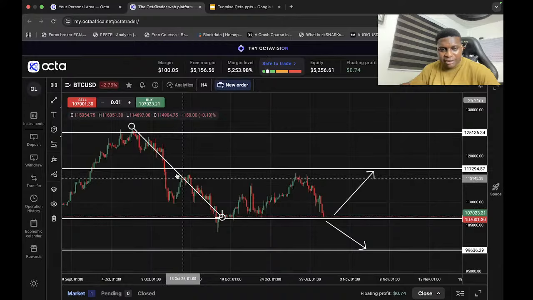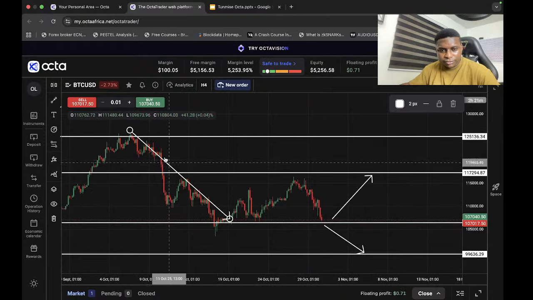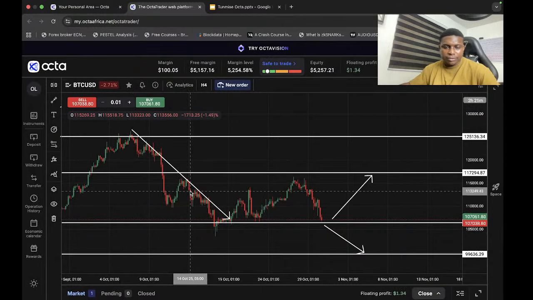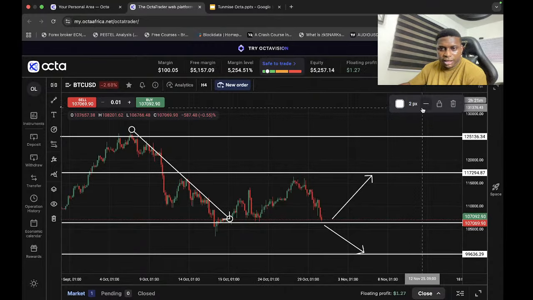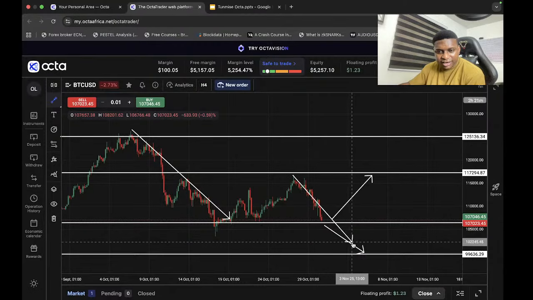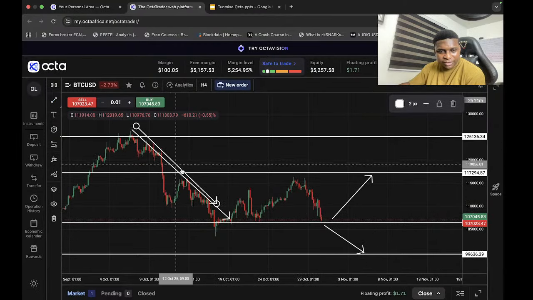So if we have this pattern here, this pattern can be similar. Let me check the length of this.